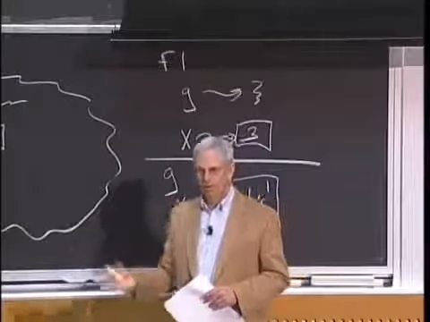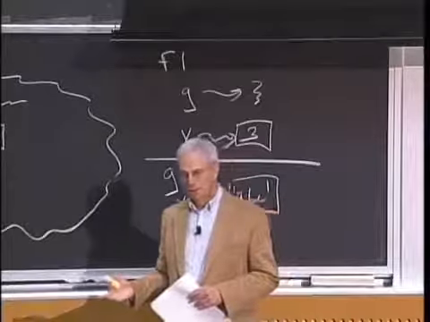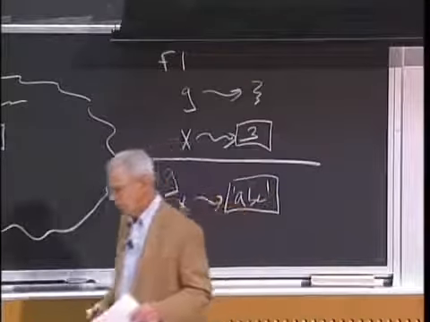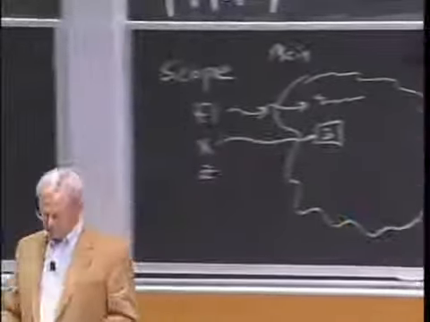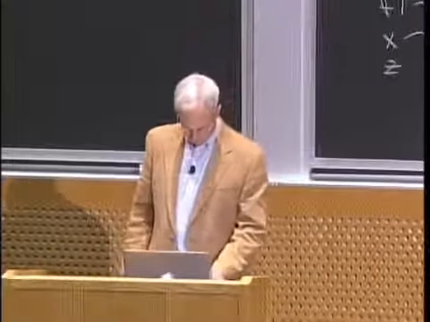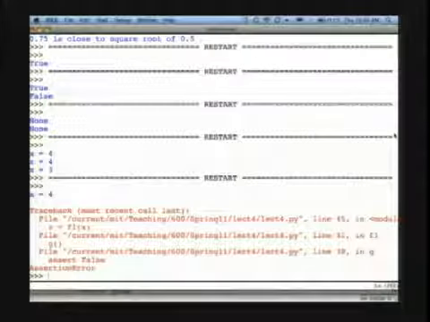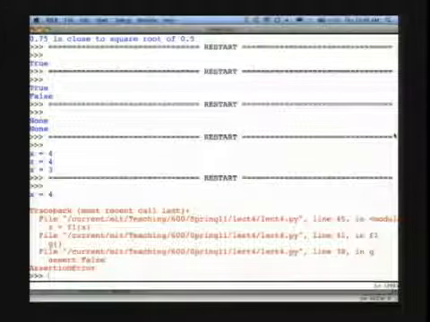It will then start executing G, and it will stop. So let's see what that looks like. Sure enough, it got an assert false, gave an assertion error.